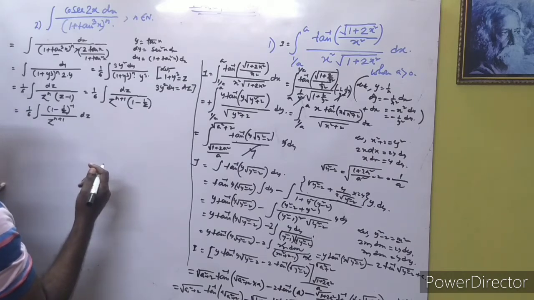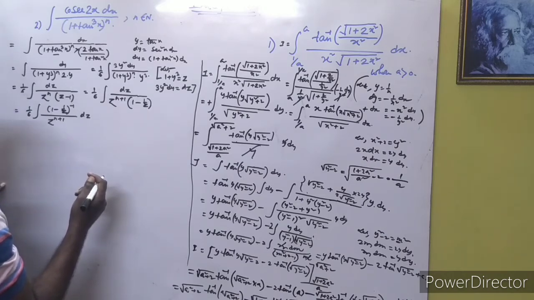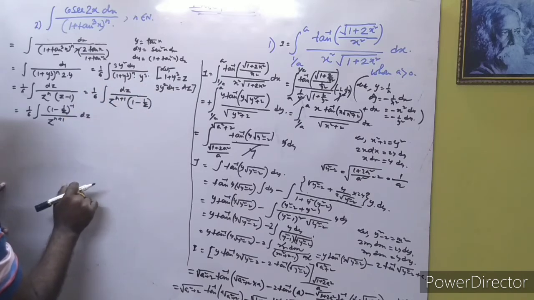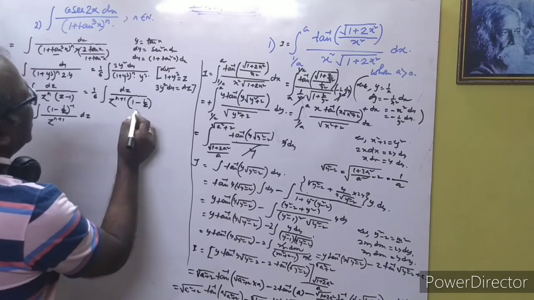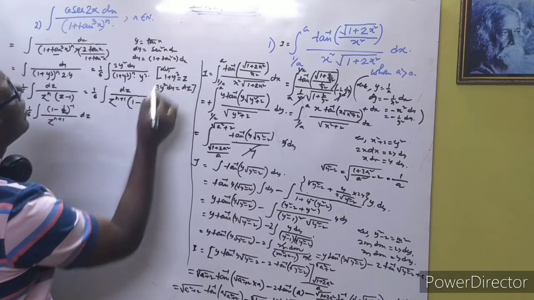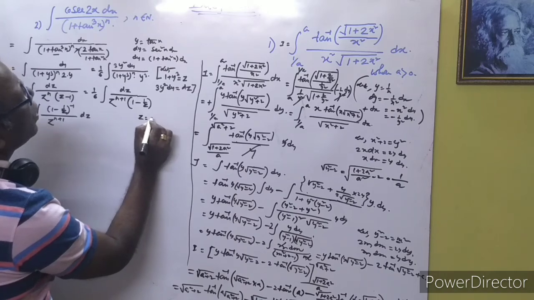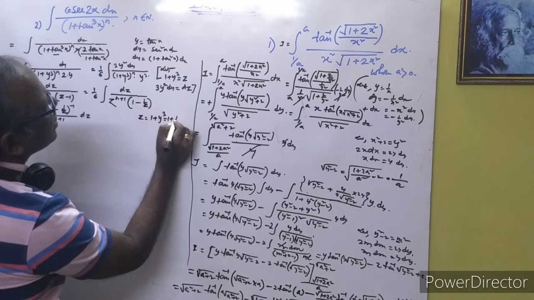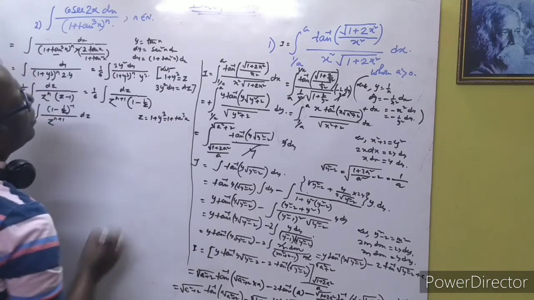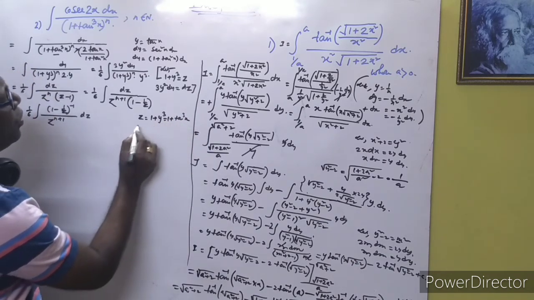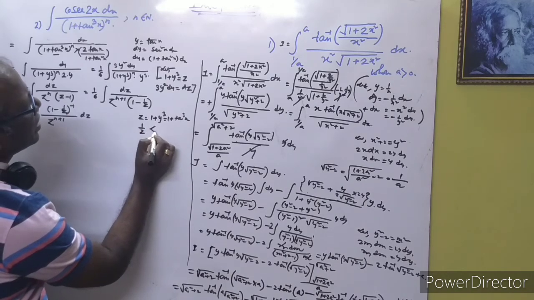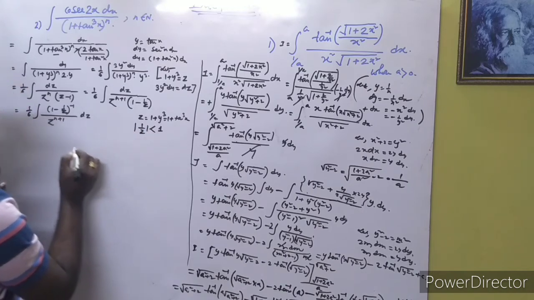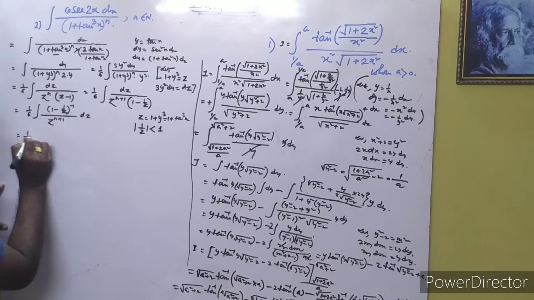Okay, and this is z equal to 1 plus y cube, and that is equal to 1 plus tan cube x. You know the value of this, so we can write here 1 by z is less than 1, so mod of that, so you can apply the expansion.